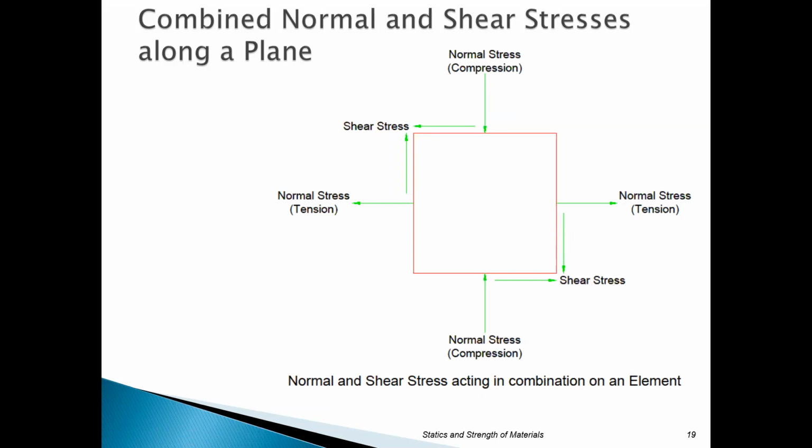Some people use clockwise as positive, counterclockwise negative, and vice versa. In your book, Tom uses counterclockwise as positive and clockwise as negative. So he would consider this shear along the Y face positive because it's tending to turn the element counterclockwise, and this one would be negative. We just have to keep that in mind as we do these problems.